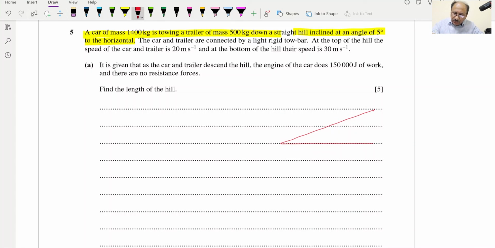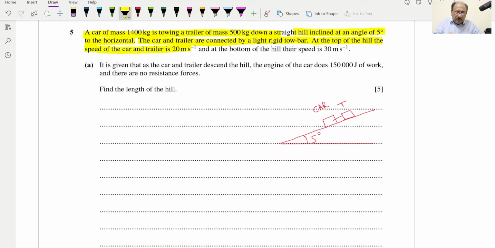So this angle, let us suppose this is 5 degrees as provided, and this one is the car, and this is the trailer, and they are saying the car and trailer are connected by a light rigid bar at the top of the hill.